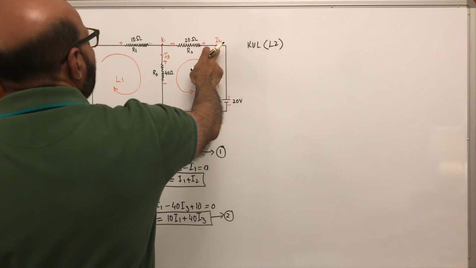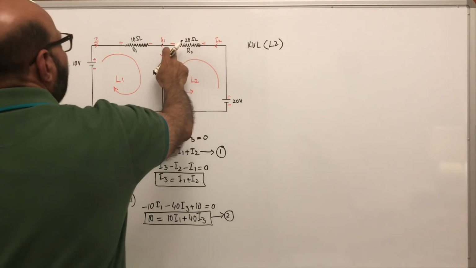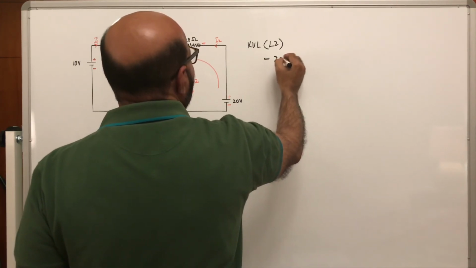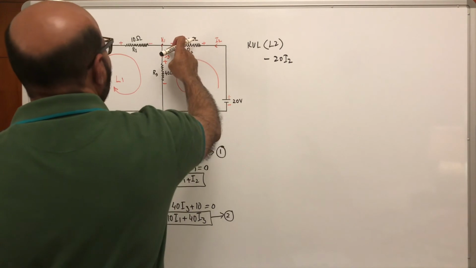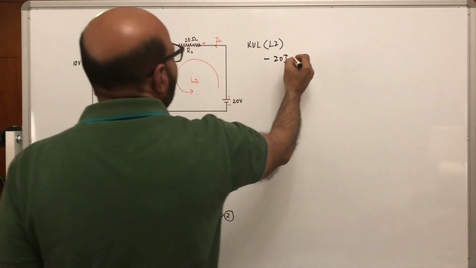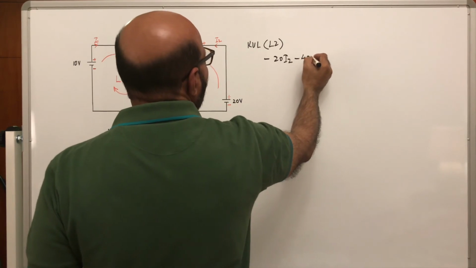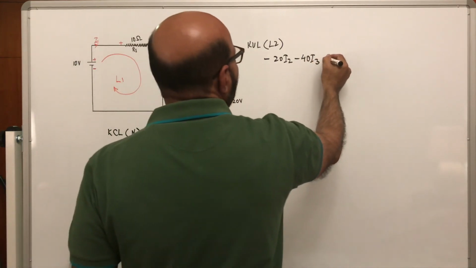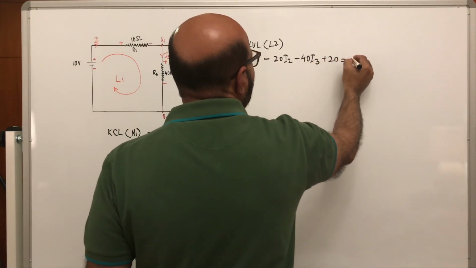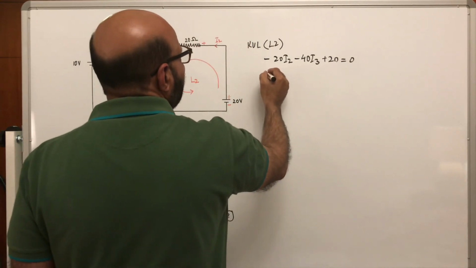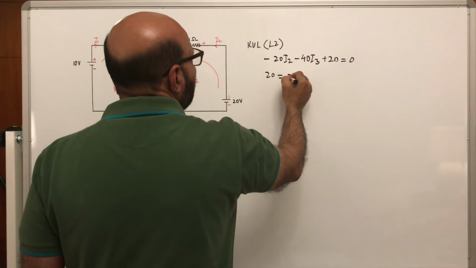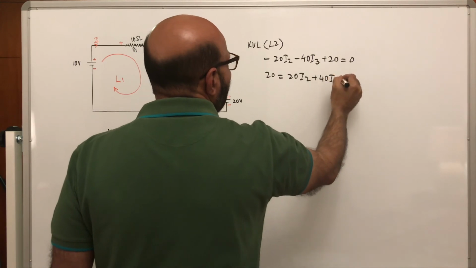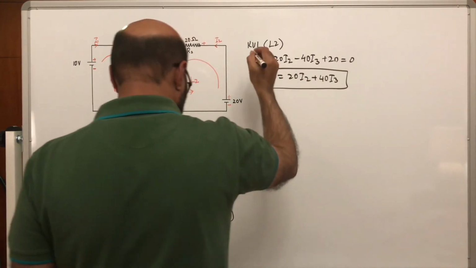So this is I2 moving from positive to negative, means minus 20I2, and then again from positive to negative, so minus 40I3, and now moving from negative to positive, plus 20 is equal to 0, or we can write this 20 is equal to 20I2 plus 40I3. This is our equation 3.